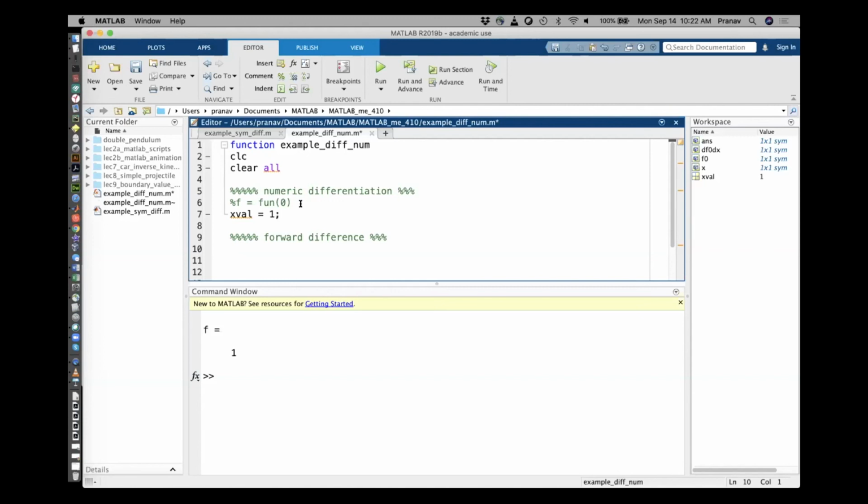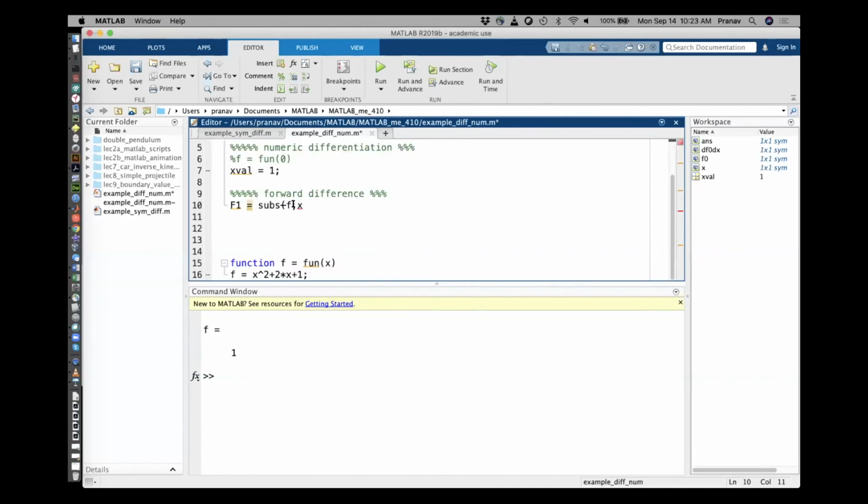One is f0 equals fun at xval. Sorry, let me do it this way, a bit better, easier to understand.